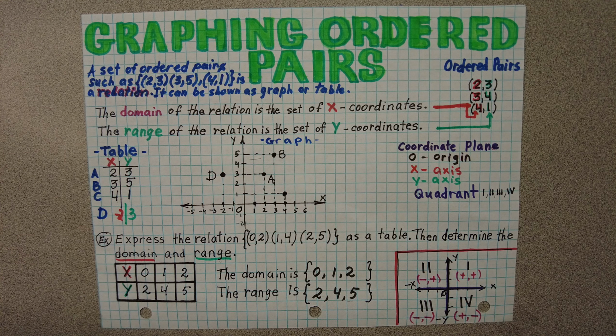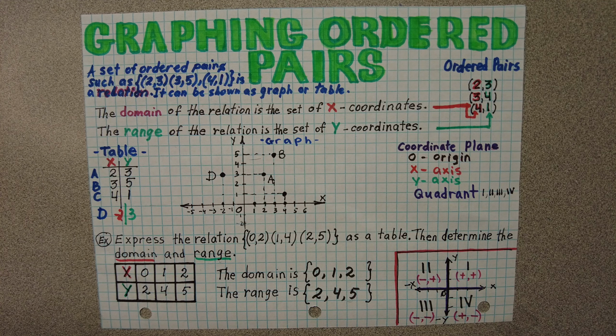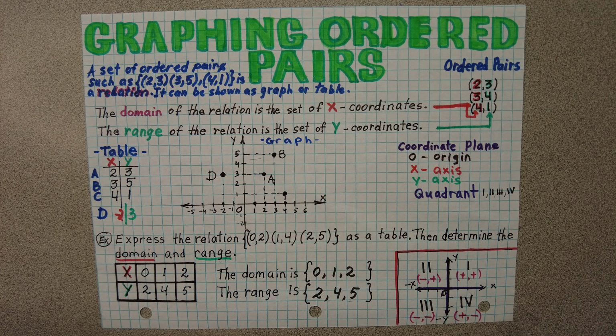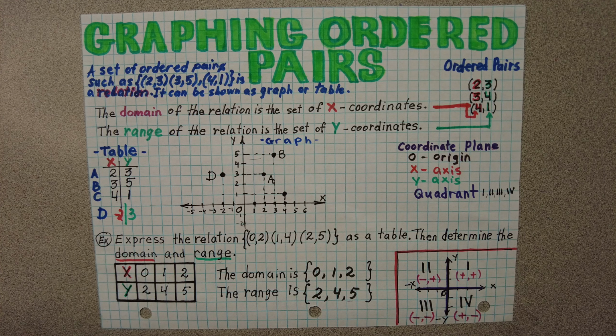This is the first and basic part of graphing any ordered pairs on the coordinate plane. So we're gonna do in the next lesson how to graph algebraic equations, and you will understand more.